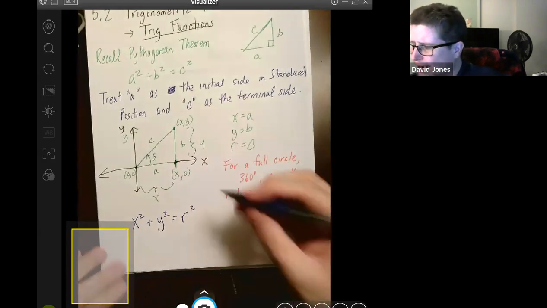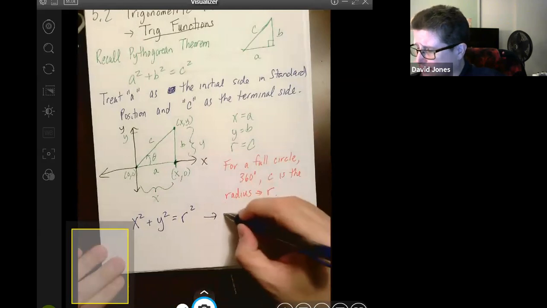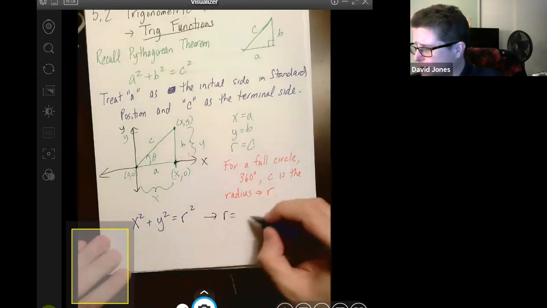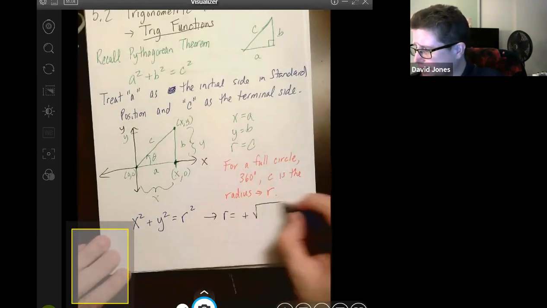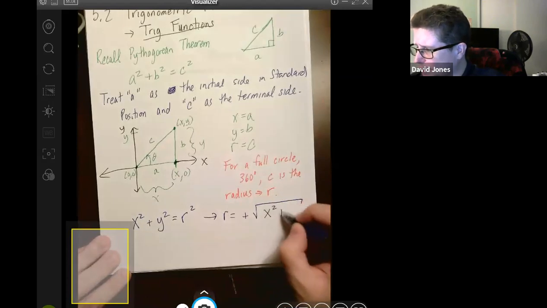And if we want to find R, R is the positive square root of x squared plus y squared.